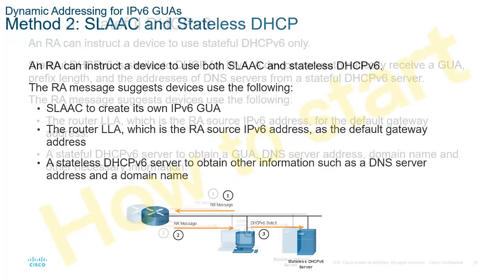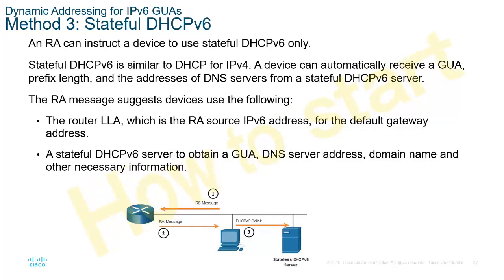The DHCP server will provide things like DNS, the domain name, and information like that. The third method is a complete stateful DHCPv6 deployment. Basically, the device will come online and send a router solicitation. The router advertisement, the RA message, will suggest that the device use the following information: the router link local address, which the RA sources, as the IPv6 address for the default gateway, and then it will also say get everything else from the DHCP server.